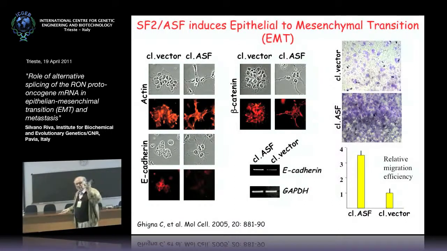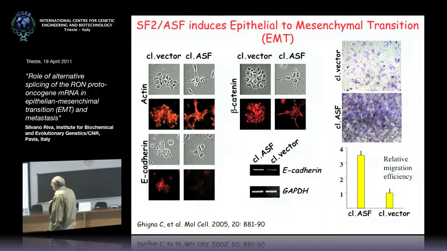So a twofold increase of splicing factor 2, through the action on this RON oncogene, this receptor, causes a very big change. For example, mesenchymal type cells are spindle shaped, while epithelial cells are cobblestone, they are all stuck to each other. And there are markers of these two types of cells.